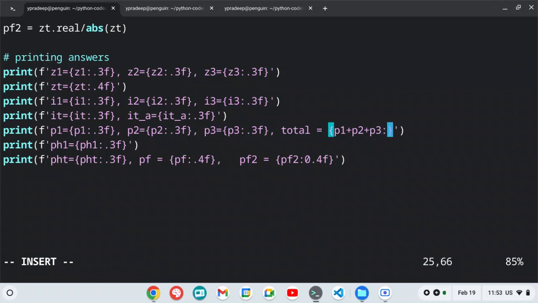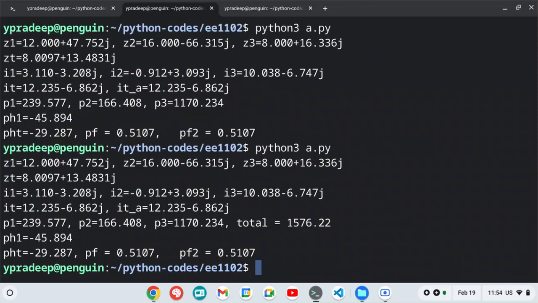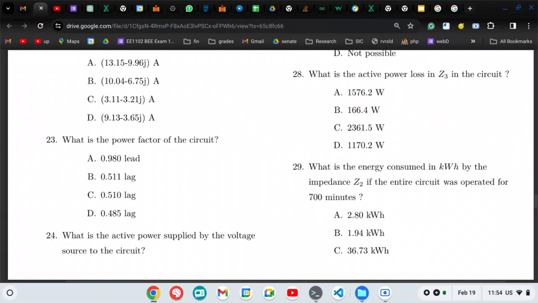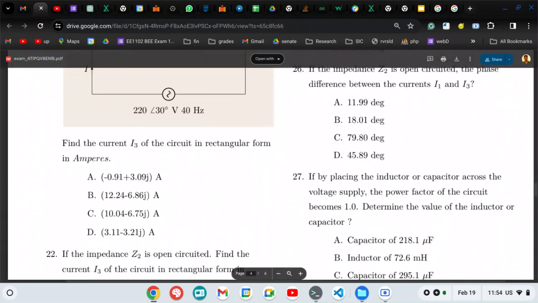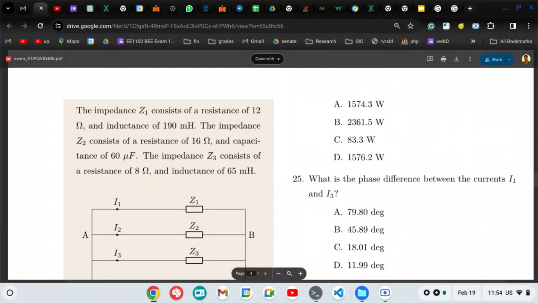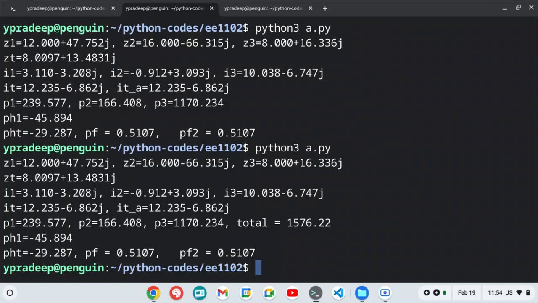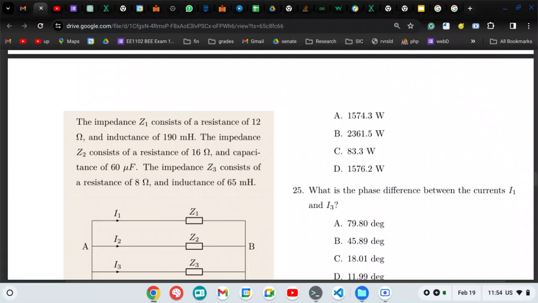Two decimals is enough for that. Since I have calculated the powers individually, here I got 1576.22 as the answer. So D is the answer here.